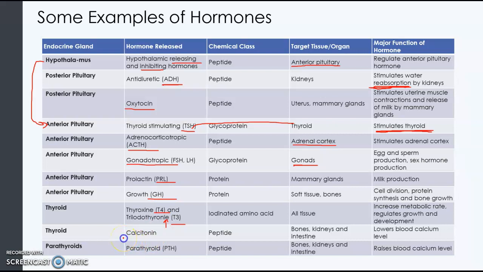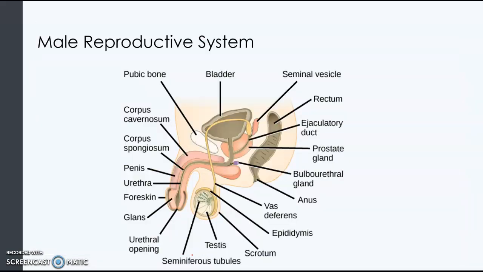Calcitonin is the hormone released by the thyroid gland that lowers blood calcium levels. So it causes the bones, the kidneys, and the intestine to absorb calcium from the blood so that the blood has lower calcium levels. Parathyroid gland does the opposite. It raises blood calcium levels. So this is just a few examples of hormones. We have lots more in the human body.